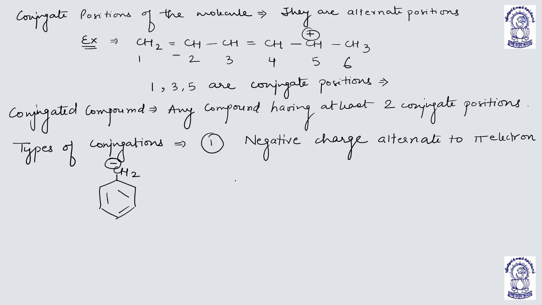Understood? Here also it is a conjugation. This and this is a conjugation. This and this double bond is in a conjugation. So these are the examples.